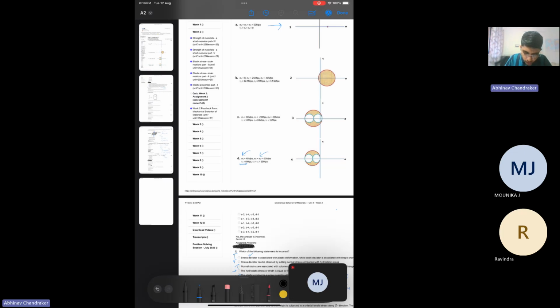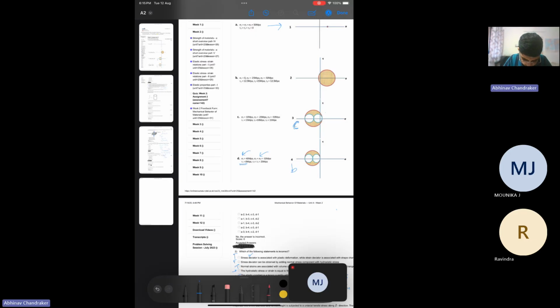Two of them are negative, one is 0, so this seems to be the one which corresponds to this kind of stress state. So it will be B. In C you have sigma 1 10, sigma 2 minus 20, sigma 3 minus 50. So this corresponds to number 3. If we look at tau, tau is 30 for one and 15 for the other two, so that also matches what we see in option 3.